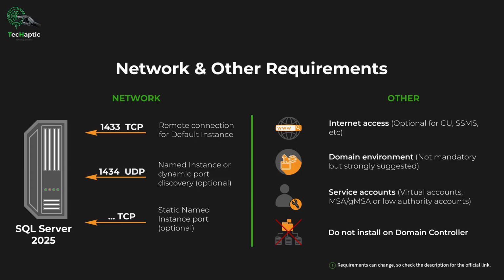Named instances usually use dynamic ports, and clients might need the SQL Server Browser service to find the right port. The SQL Server Browser service runs over UDP 1434. However, for a more secure and manageable setup, especially in environments with firewalls, it's a much more controlled approach to assign a static TCP port to the named instance and only open this port to authorized clients.